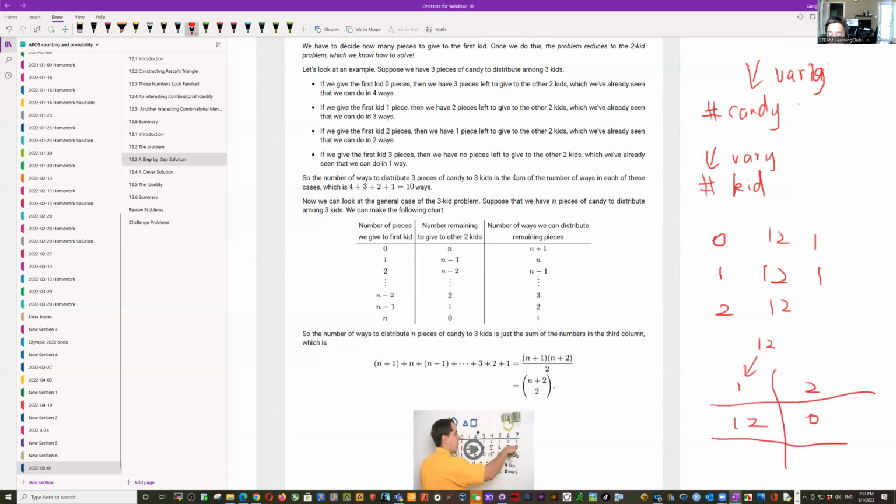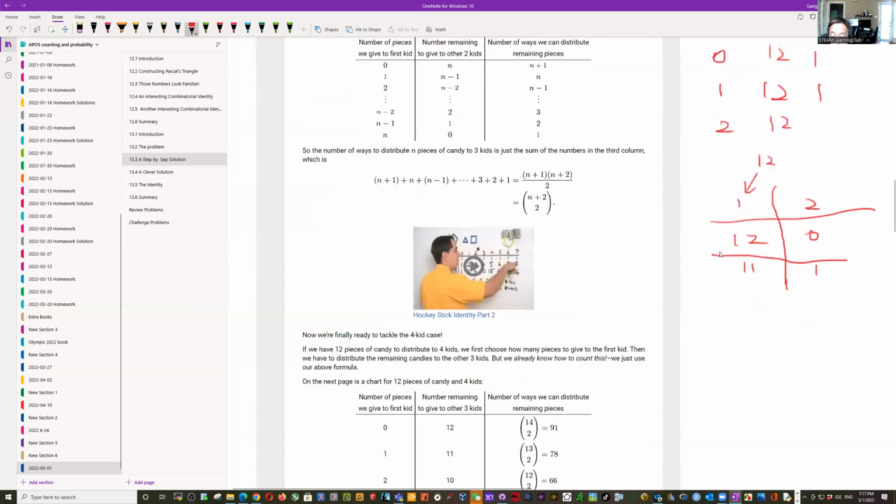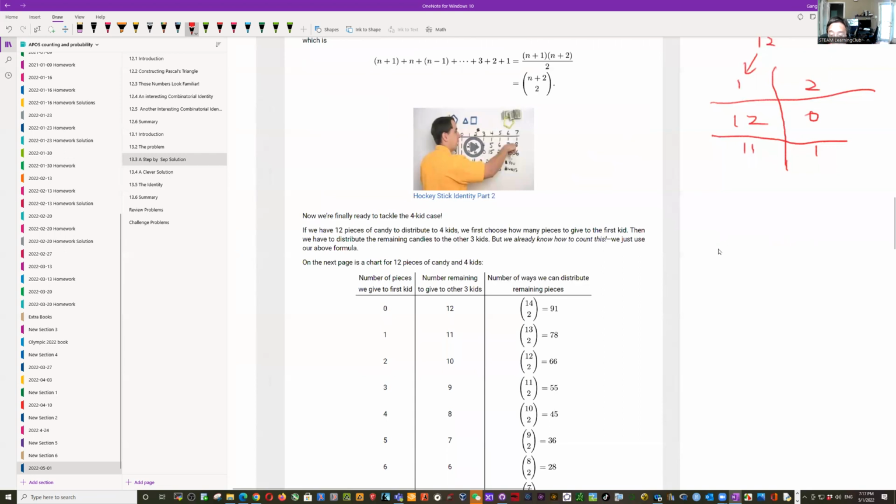So I can make a table. 11 to the first kid and 1 to the second kid, and so on and so on. You can vary all the way to 0 candy to the first kid and 12 candy to the second kid. So basically there seem to be 13 ways.